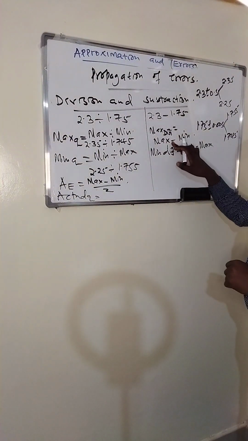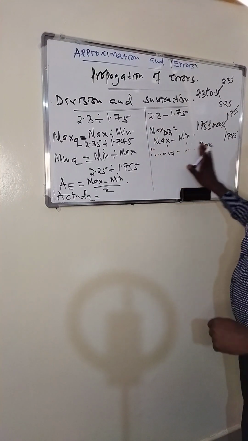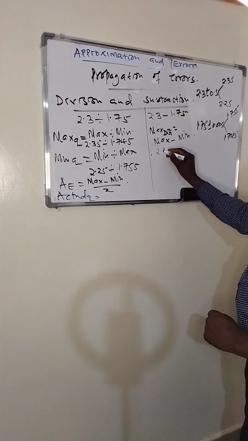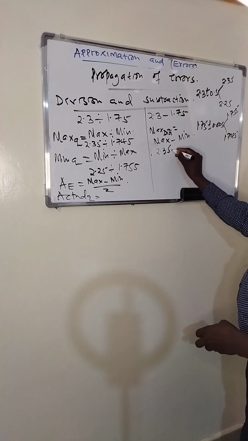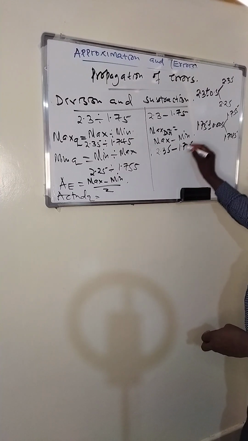The same case applies here. For maximum difference, you take the maximum of 2.3, which is 2.35, minus the minimum of 1.75, 1.745.